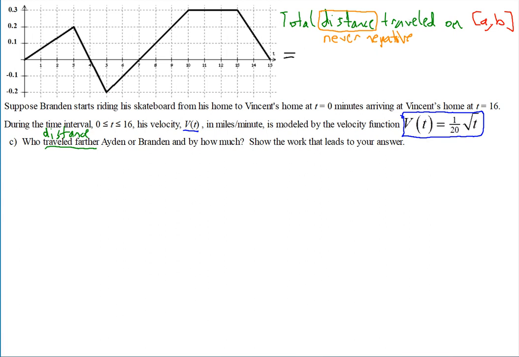You never say the distance between two things is negative. It's always something either positive or 0.